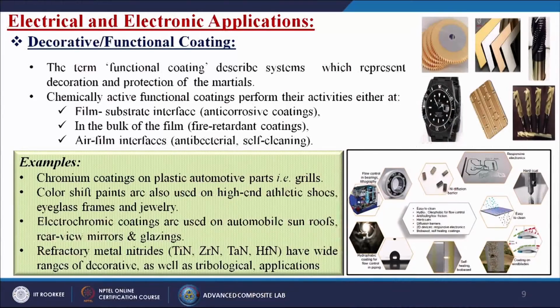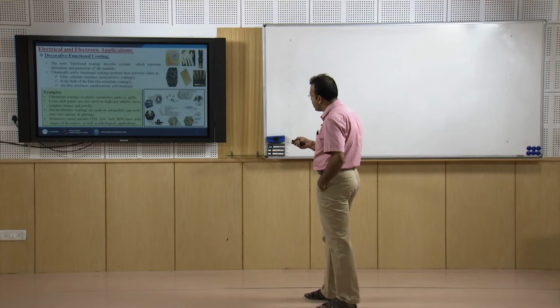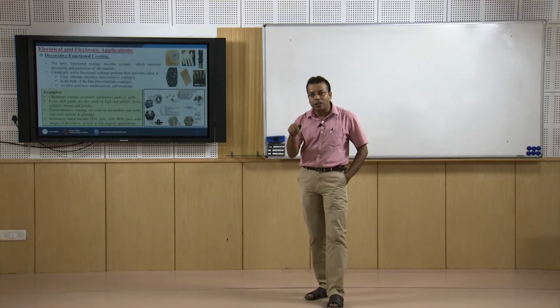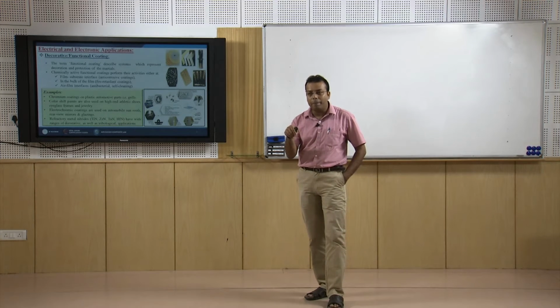Then refractory metal nitrides like titanium nitride, zirconium nitride, tantalum nitride, hafnium nitride have a wide range of decorative as well as tribological applications. So here we have given certain examples of where we are going to use this kind of materials. We are using these materials for bearing applications, some for electronic applications, for hard coats to resist indentations on any kind of materials.